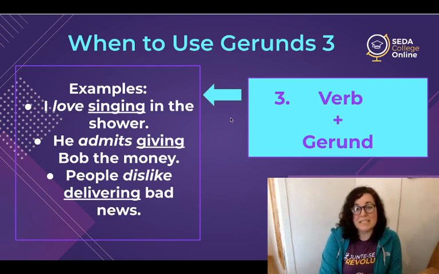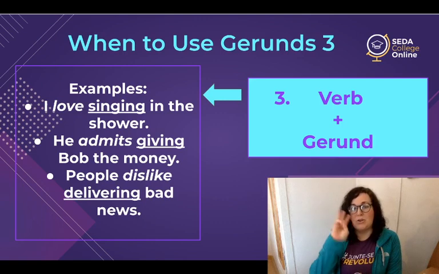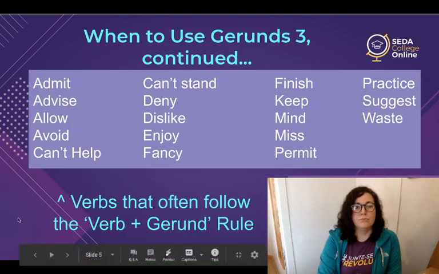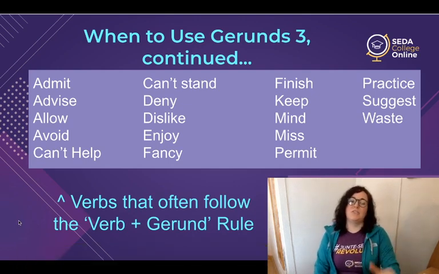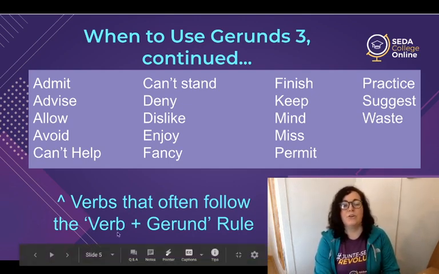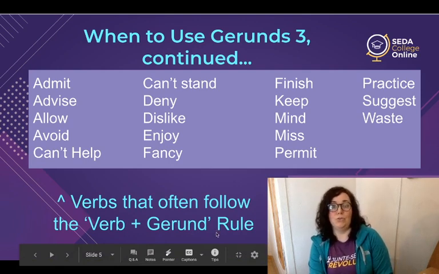Okay, so let's take a look at some of the specific verbs that you would use number 3 with, okay? When to use gerunds 3, continued. These are verbs that often follow the verb plus gerund rule, okay?